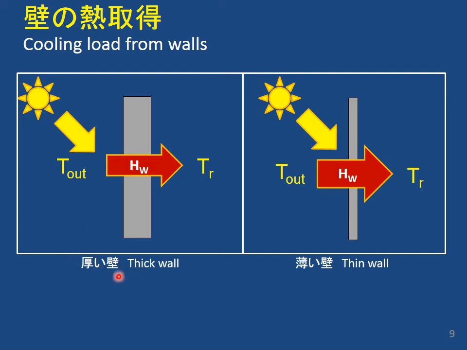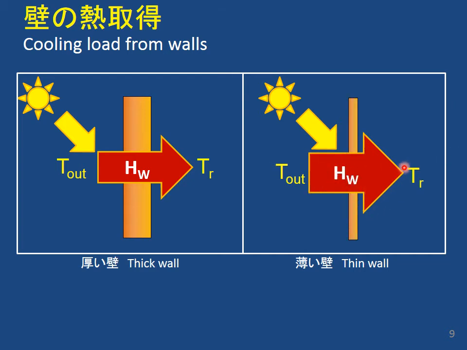Now if the wall is thick, the sun will heat the wall, and a bit slowly the heat will build up, and then the total heat will become bigger later. But if the wall is thin, the heat will build up very quickly and go through the wall very fast, and there'll be more heat probably going through the wall.